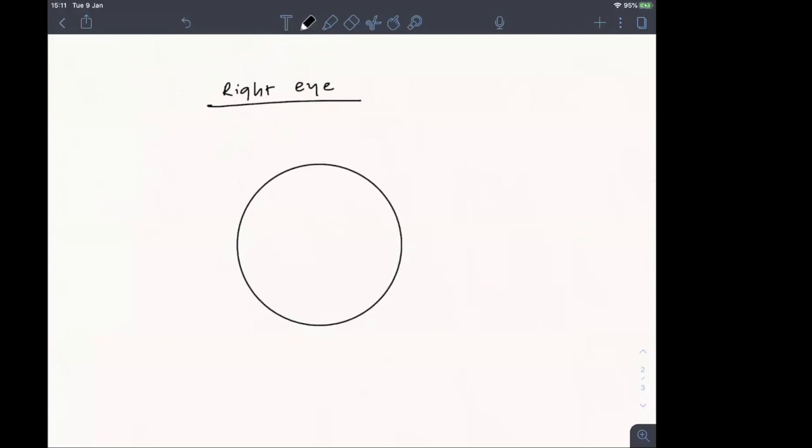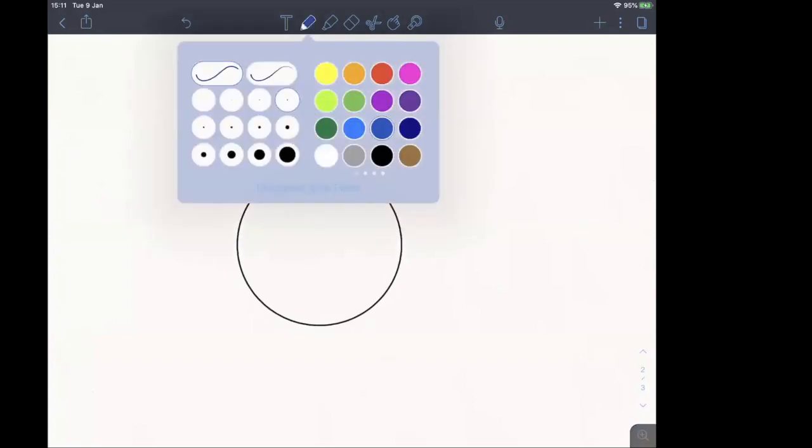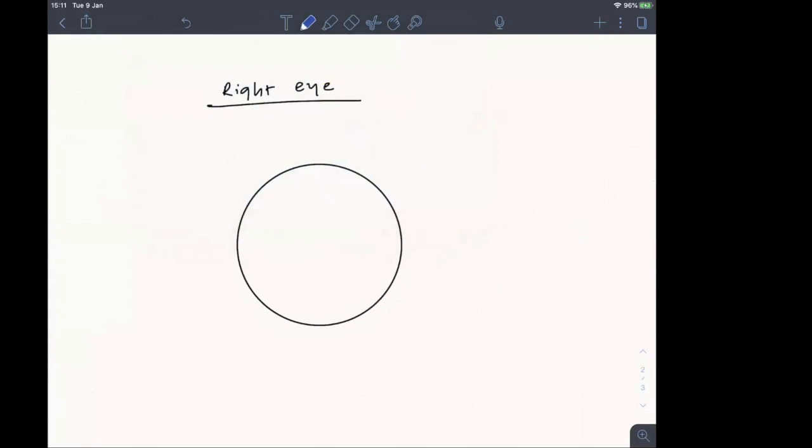Now, in each eye, there is a specific set of movements that are possible. In the right eye, if this is right and this is left, this is lateral and this is medial. By medial, I mean that the nose is here.